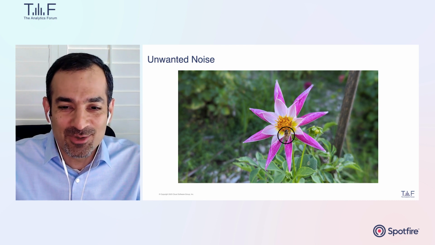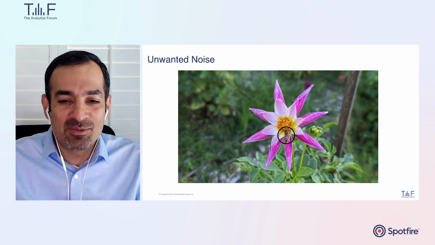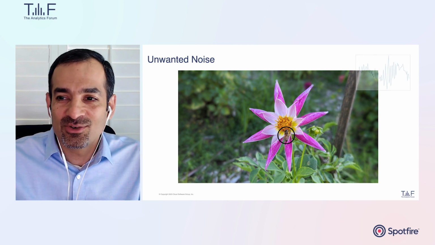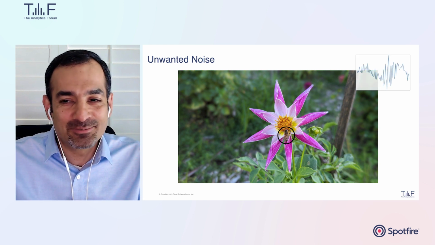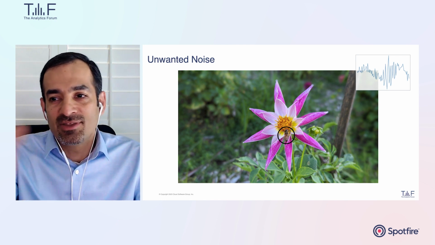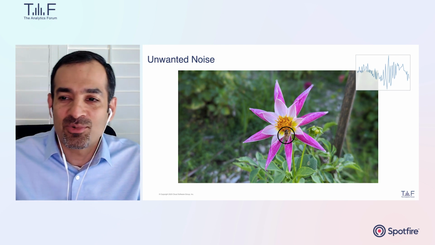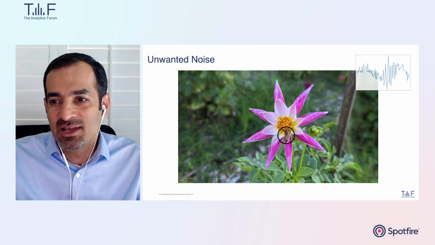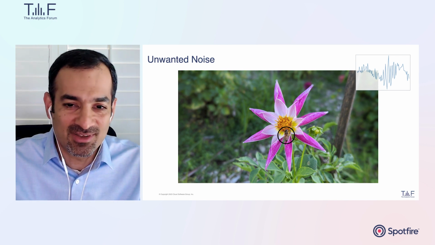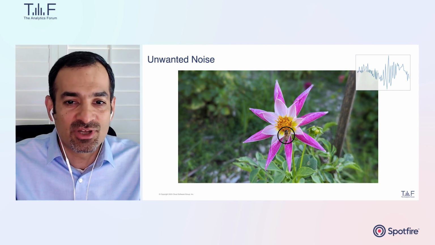So there might be some noise sitting on your data, turning the otherwise beautiful signal into something that doesn't look perfect anymore. On the top right, you have a sine wave shape, but clearly there's something sitting on top of it that you need to get rid of.